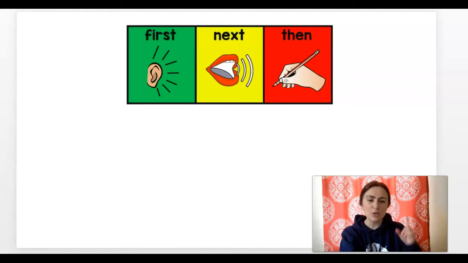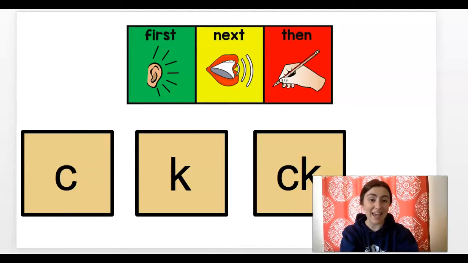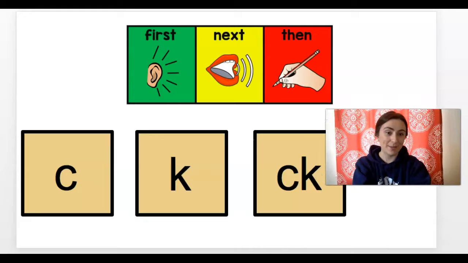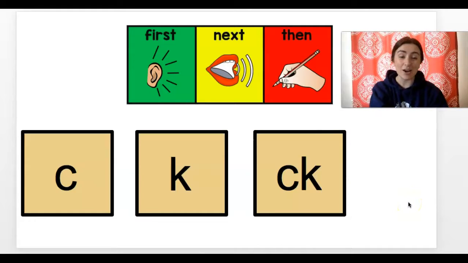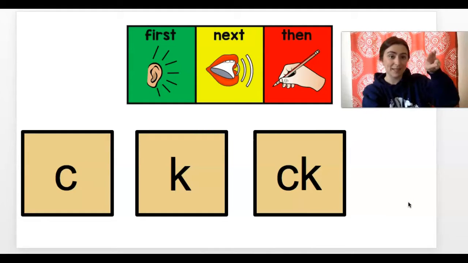Awesome. Now there's one more thing I'm picturing in my mind that's making the sound K. Do you know what it is? C, K, and third, our digraph, CK. I'll move myself out of the way. There we go. CK, our digraph, can make the sound K. Let's air write it.